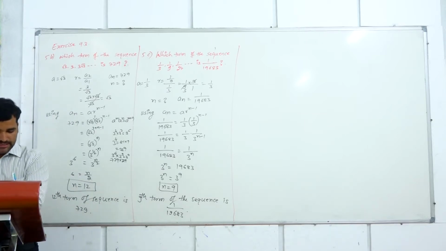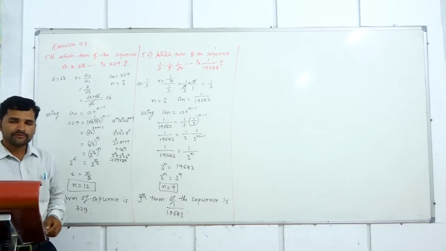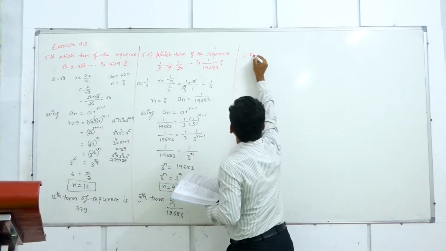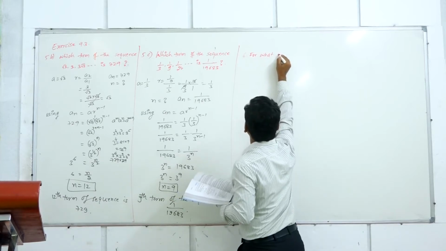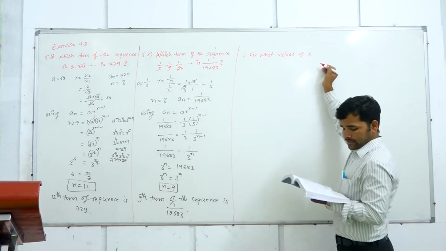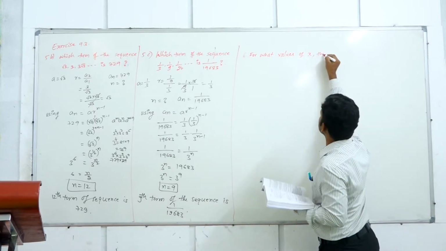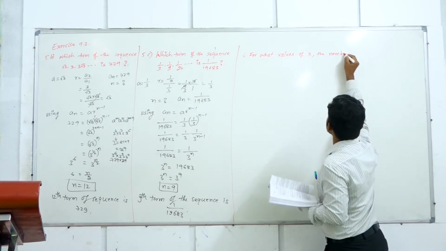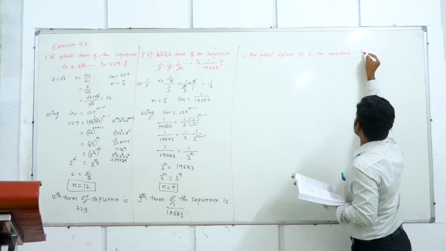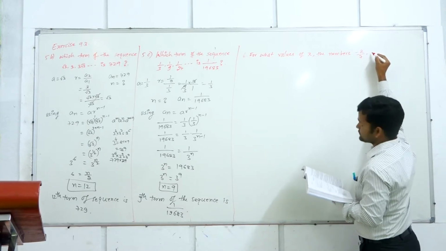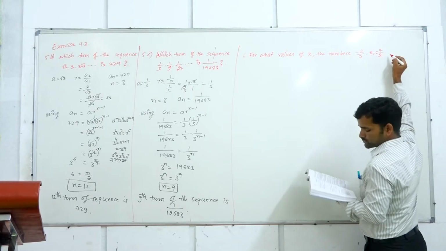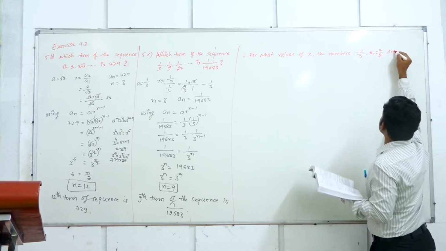Problem number 6 says, for what values of x the numbers minus 2 by 7, x, minus 7 by 2 are in GP.